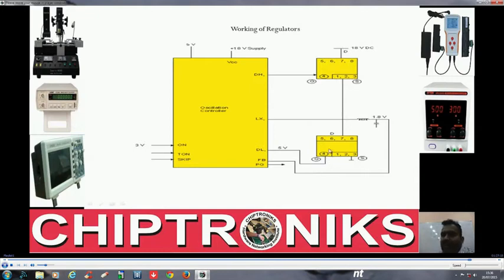And this turning on and turning off of the MOSFETs is controlled by this IC. The common point is connected to the inductor, and a feedback is given to the regulator IC.